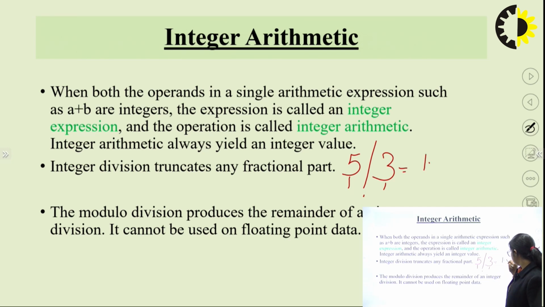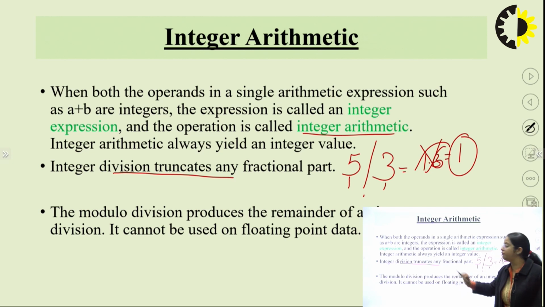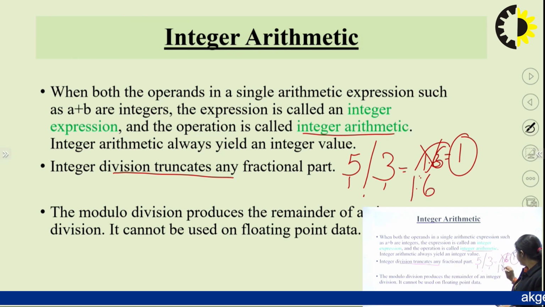Something like 1.3 or 1.6, you would expect. But in integer arithmetic, we will get the output only 1. Why do we get the output 1? Because it truncates the fractional part. It does not give you the fractional part: we are getting 1.6, but it truncates the .6 part. We get only 1. This is integer arithmetic.